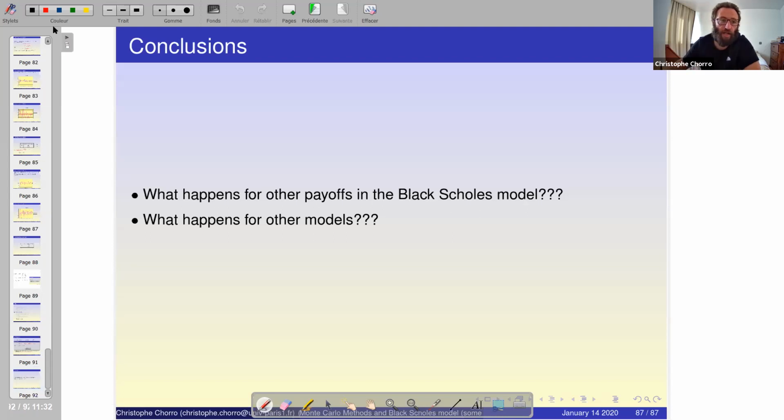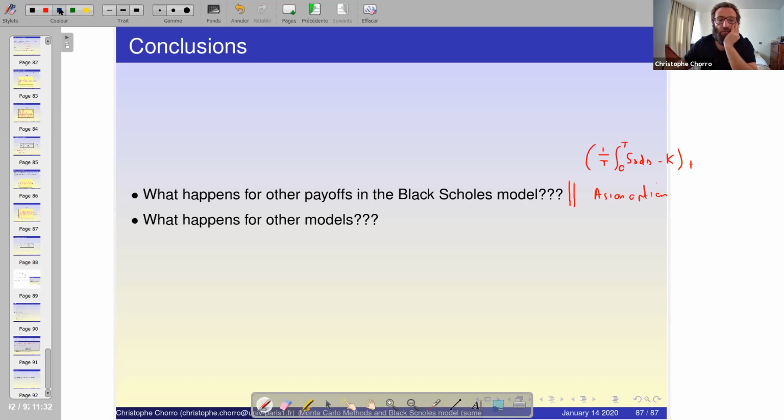And you will see that in what we are going to do, it will even be interesting in the case of the Black-Scholes model, because we are going to consider this type of option when I don't have a closed form expression and where I can't use integration by part as proposed in slide 66. So in the Black-Scholes model, we are going to be interested in what we call Asian options that we are not able to treat even with what I have said today.